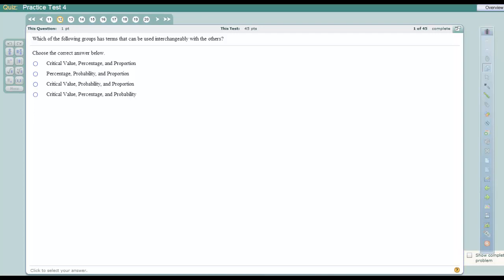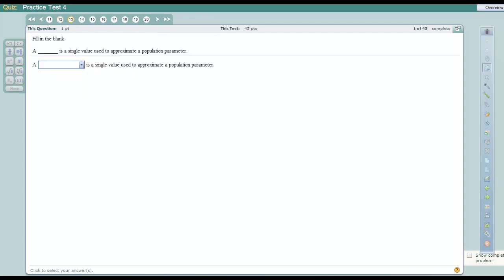Which of the following groups has terms that can be used interchangeably with the others? Critical value, percentage, and proportion. Percentage, probability, and proportion. Critical value, probability, and proportion. Critical value, percentage, and probability. Which one? Very good. Okay. Percentage, probability, and proportion. All of those things mean the same thing. Okay.